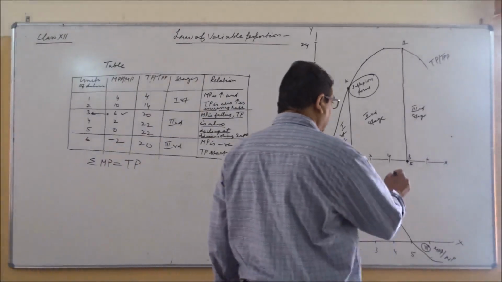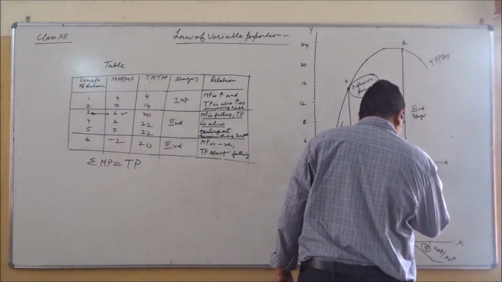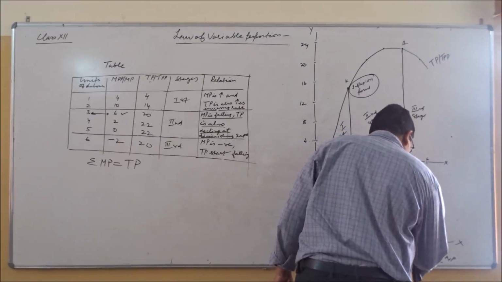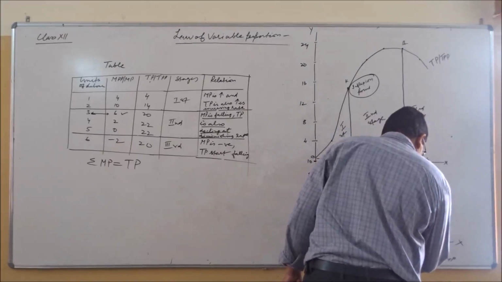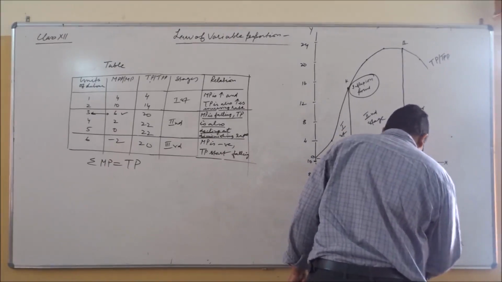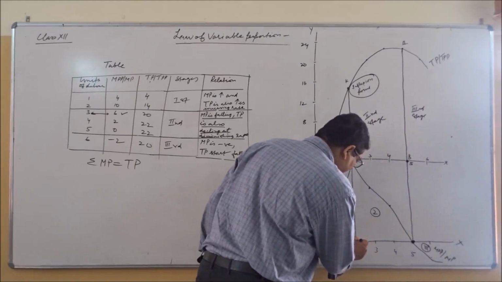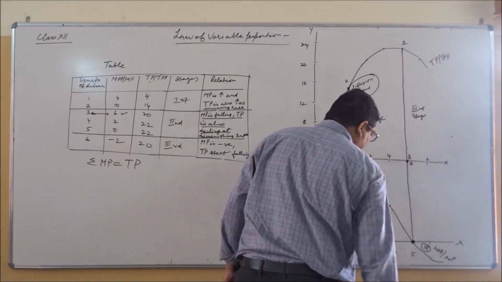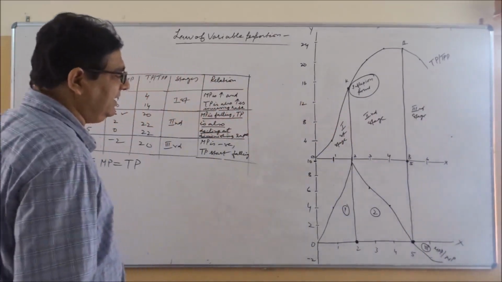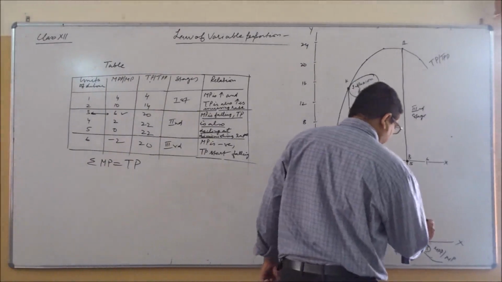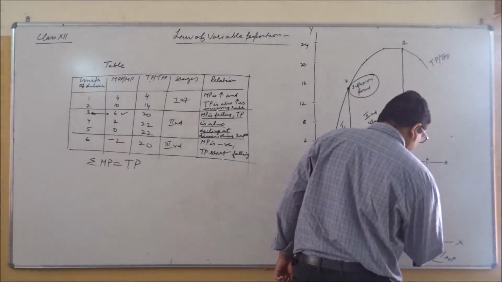This is the second stage in the diagram. The first stage ends at the second unit, and the second stage ends at the fifth, where MP is 0.